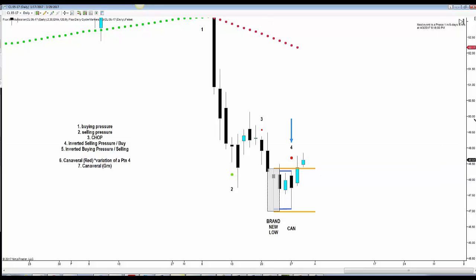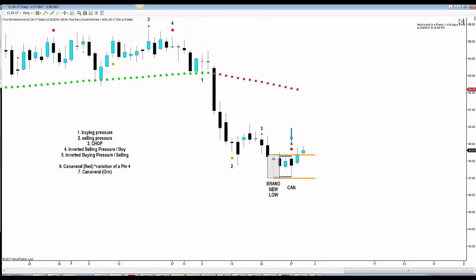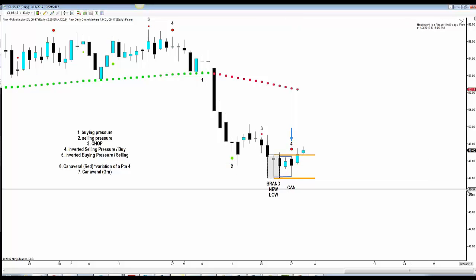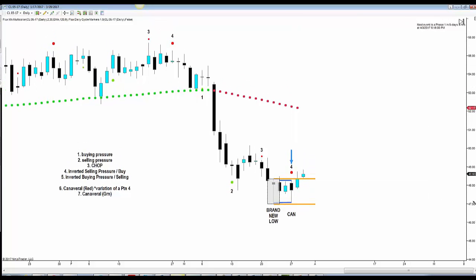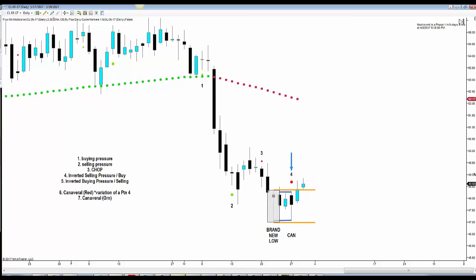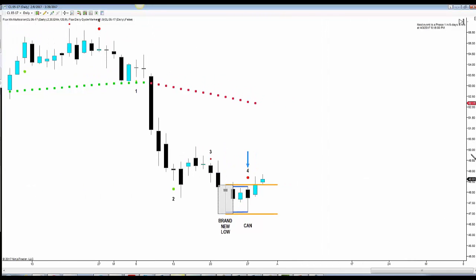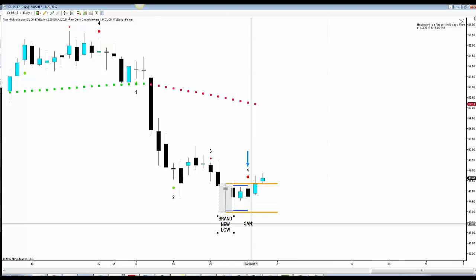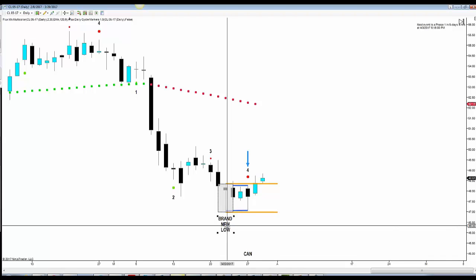Now, no other method is going to have this technique because it's not based on a predictive pattern. So you can't really equate this to any kind of other pattern, fibs or whatever, volume. You may have overlap, but the prediction part, that's where this comes in. When you have a brand new low, here's the second requirement. And the same thing works in reverse.